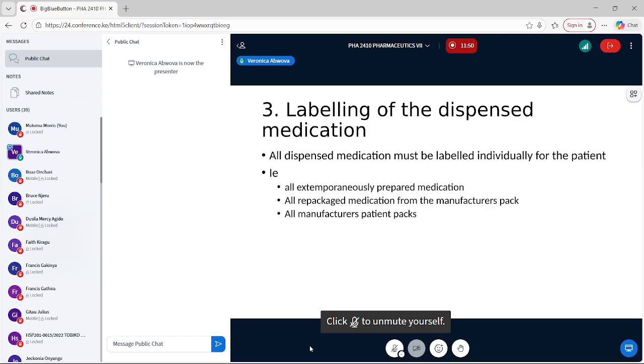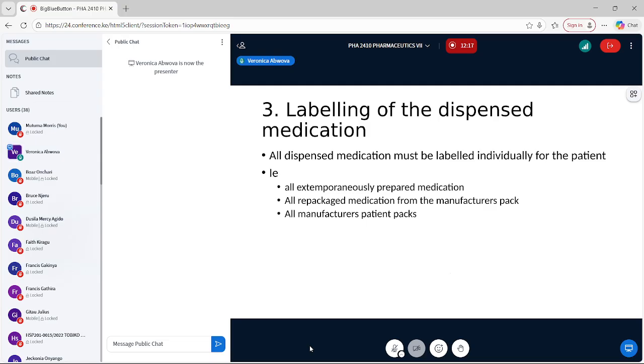Each drug must have the name of the patient, the name of the drug, the dose, the quantity, the instructions on how the drug should be taken. All this must be on each label. We were looking at the prescriptions that we were looking at last week, okay?